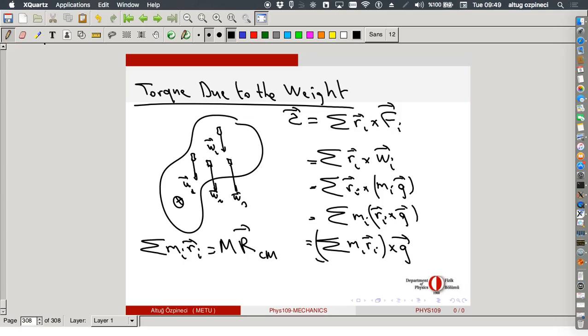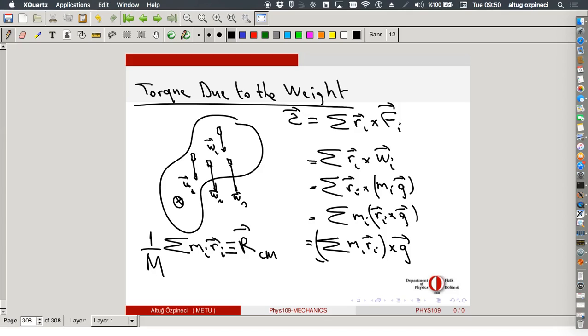Now, if you remember the definition of the center of mass, this is how we had defined the center of mass position. You just take the masses, multiply by their position, sum all over them, divide by the total mass. This is the average position of all the masses, which is how we define the center of mass.